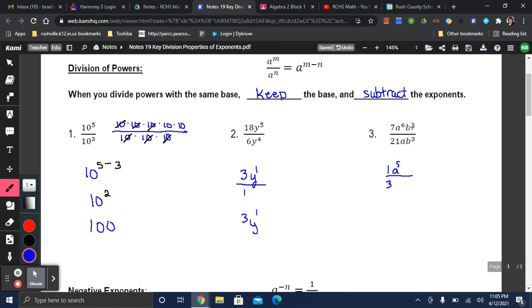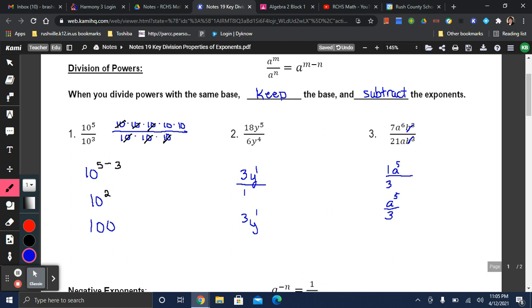Now, your b's, you have b to the 3rd on the numerator and b to the 3rd in the denominator. And actually, those will cancel. And so you no longer have any b's at all in this expression. Now, 1a to the 5th, you could just write as a to the 5th over 3.